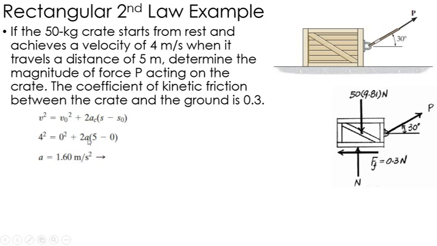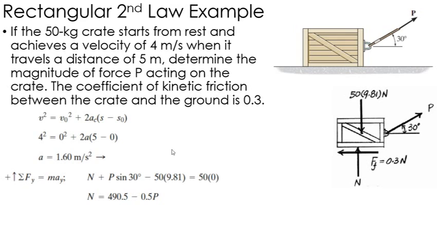So I take 2 times the acceleration I'm trying to find times 5, which is the displacement. So my acceleration is 1.6 meters per second squared. Again, I need that acceleration so that I can apply Newton's second law, which is force equals mass times acceleration. And I get that using the constant acceleration equations.